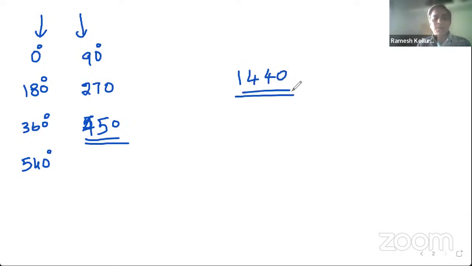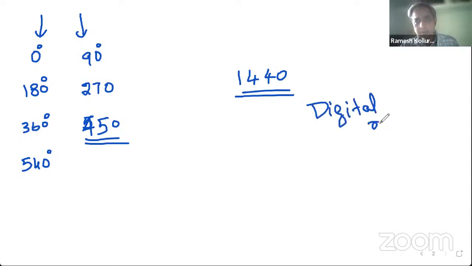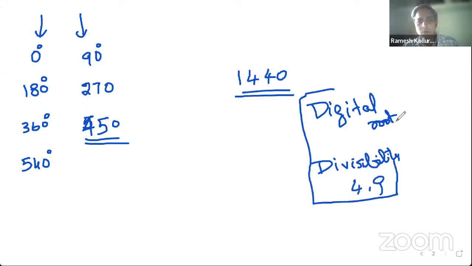So first let us simplify the simplest part of it. Here we are using the concept called digital root. Using these concepts we are going to use: digital root, divisibility by 4, and 9. So these three concepts we are going to use, and odd and even numbers.